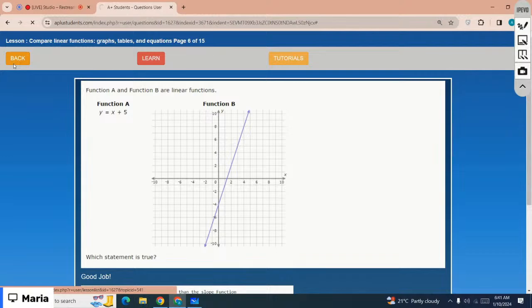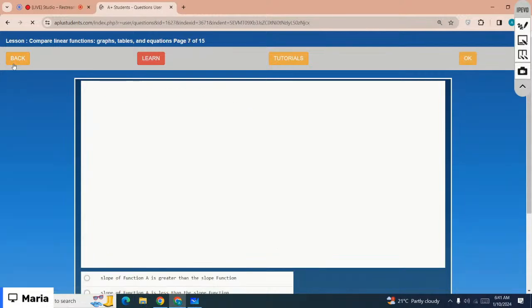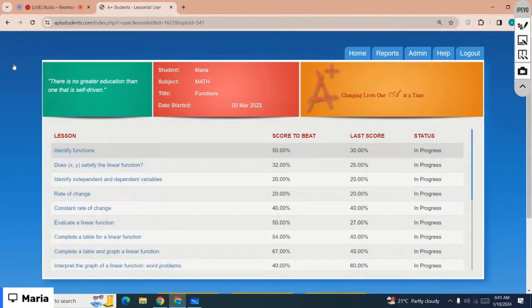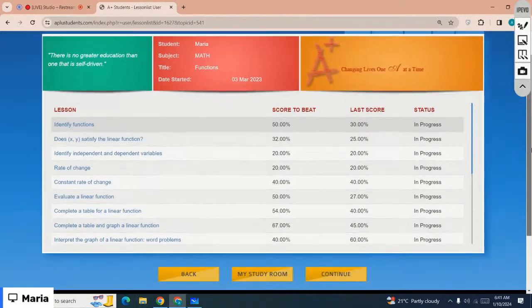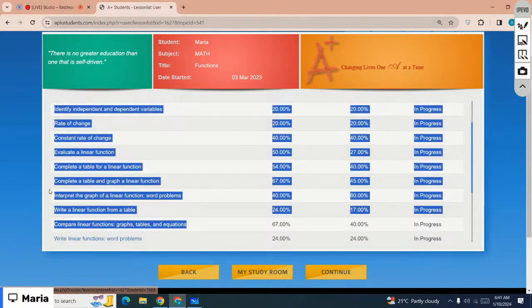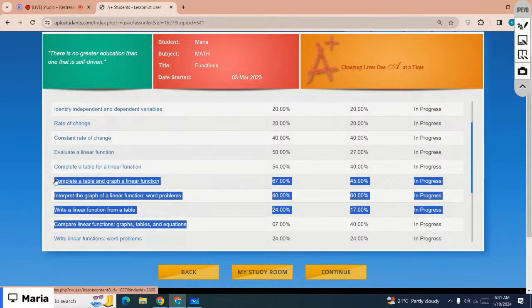So, we were working on grade 8 math. The chapter we were working on is functions, and the lessons we have covered today are complete a table and graph a linear function, interpret the graph of a linear function word problems, write a linear function from a table and compare linear functions, graphs, tables, and equations, right?